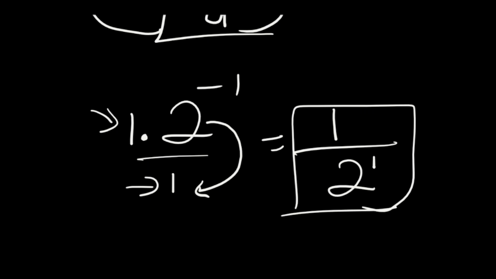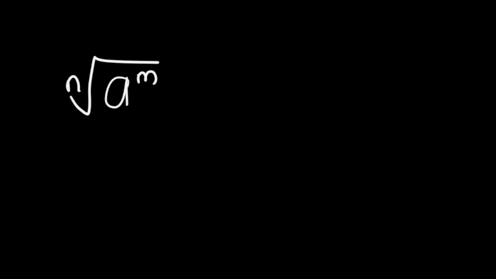And then we look at what we call rational exponents, where they involve a square root, right? So if, let's say, for example, you have the nth root of a to the power of m. So how do you simplify this?